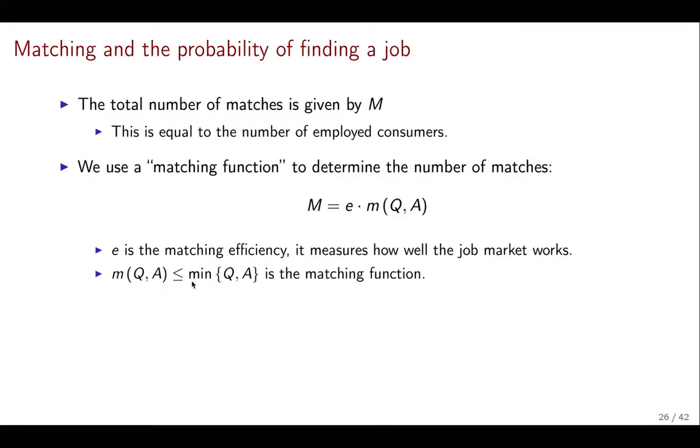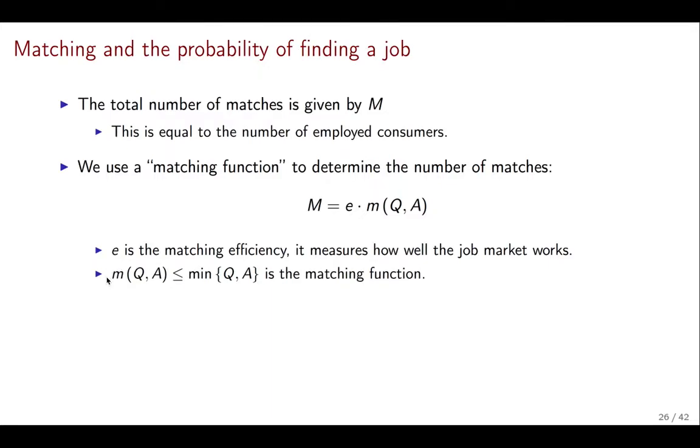If you think about it, this minimum between Q and A is the maximum number of matches that can be generated. An example can be very forthcoming with numbers. If you think that there are 10 people searching for a job and 20 vacancies, then you can have at the most 10 matches. That's what this inequality is saying. Now, remember, there is an E here, so this is the total number of matches.